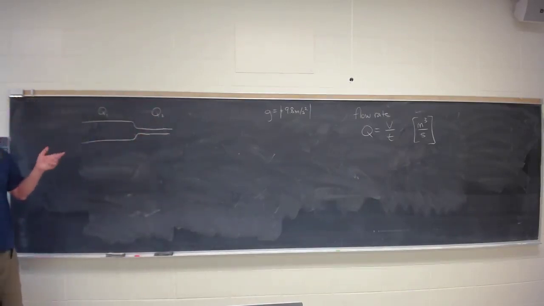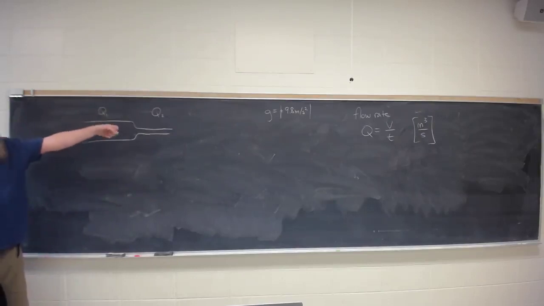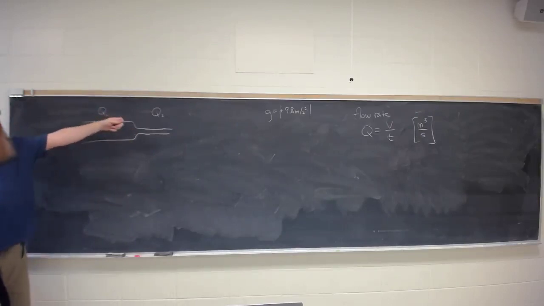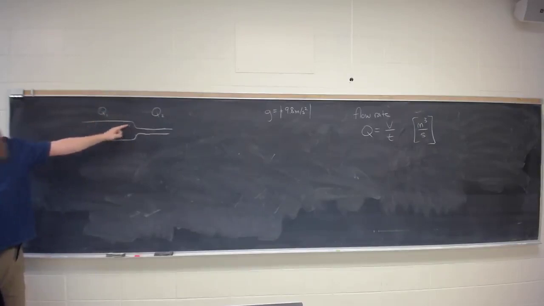If it doesn't, what happens? Well, if Q1 is bigger than Q2, then water would build up here and magically get denser and denser, and it doesn't do that. If Q1 is less than Q2, then a vacuum would form because you'd have more fluid leaving than coming in. You'd have this area of nothing, which can't happen. So these two things have to be the same.